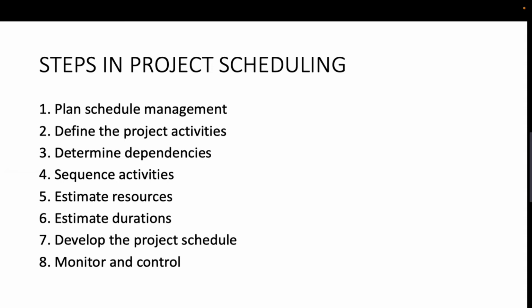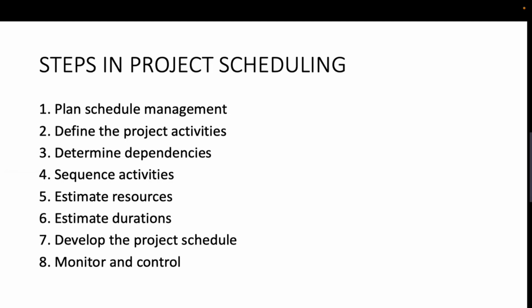So project scheduling starts with, of course, project schedule management itself. Then an important thing is you should find out what are the important activities. So you should break down a project into the very important activities.